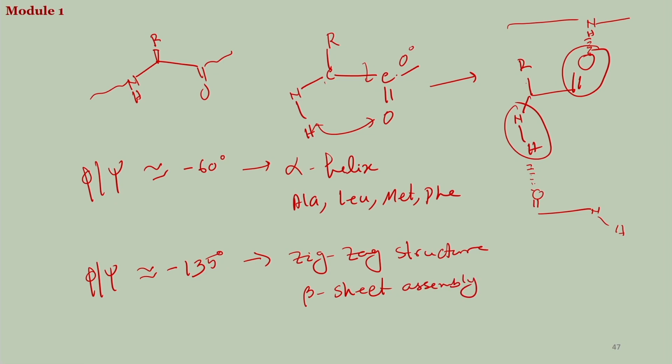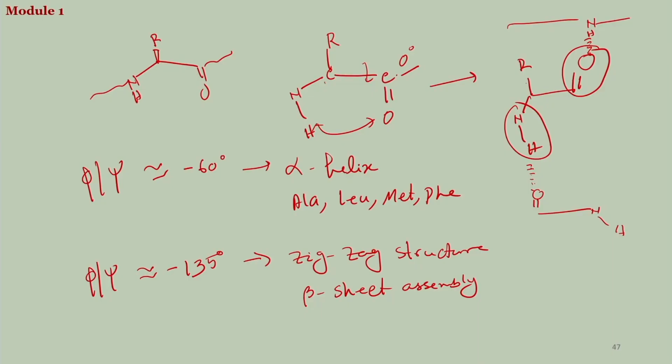So, this is basically a supramolecular architecture or supramolecular arrangement of the different protein molecules. On the other hand, the hydrogen bonding that exists within the alpha helix is more of an intramolecular process, and beta sheets have more intermolecular hydrogen bondings, and that makes it a supramolecular self assembly.